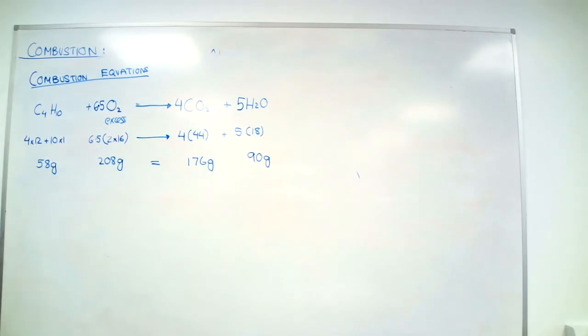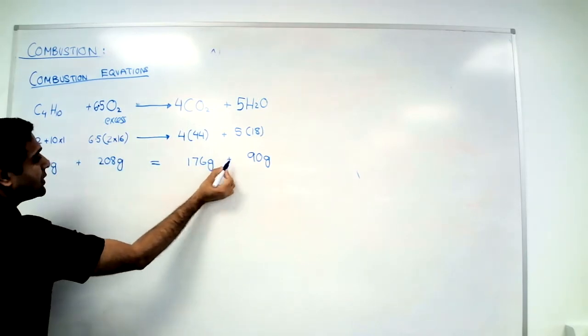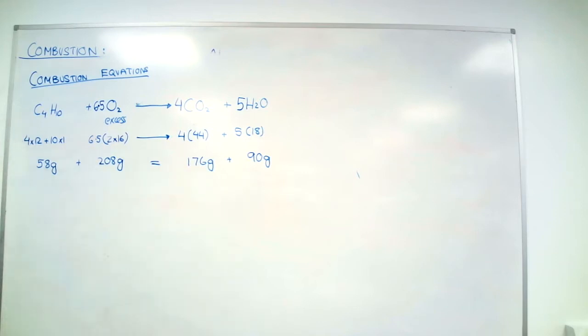It's the law of conservation of mass. The mass of the product should be equal to the mass of the reactant. If there is a difference in mass, what does that mean? It means there is a nuclear reaction going on because you're converting the mass into energy, which doesn't happen in combustion.